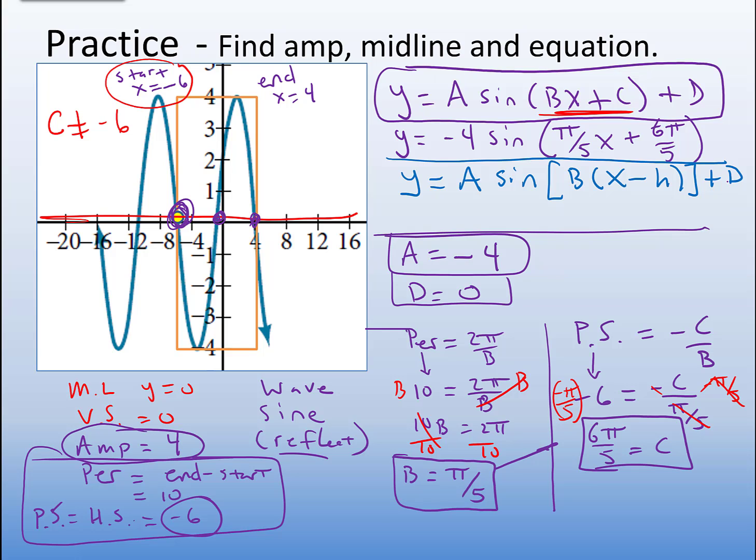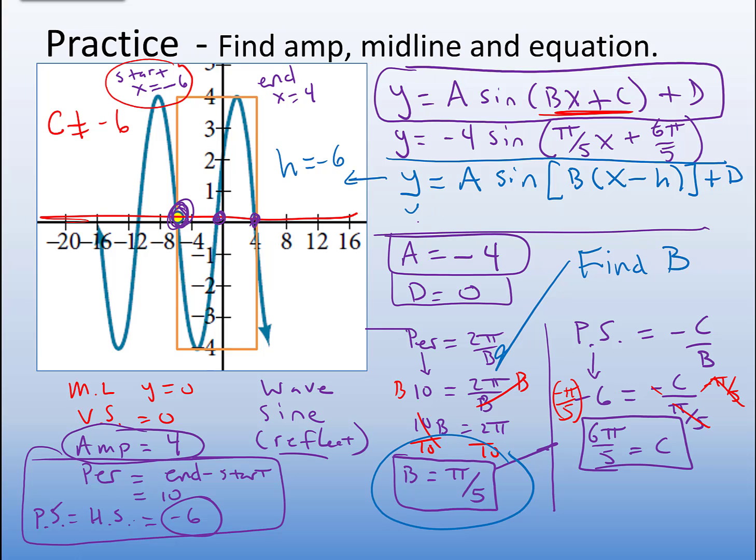So if you're going to use the factored form, you still have to find B. But the shortcut on the factored form, if you've got a graph and you can read your graph, h is going to equal the starting point. So in this case, in the factored form, h equals -6. And so it cuts out a tiny bit of work because you don't have to find c if you're okay writing your equation as a factored form.